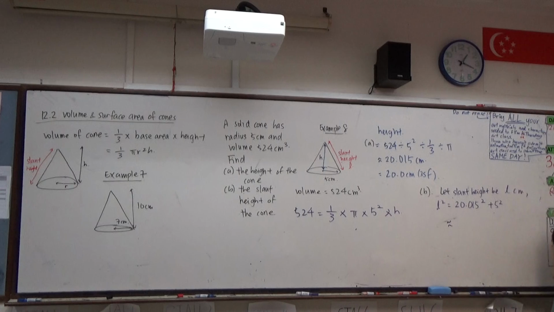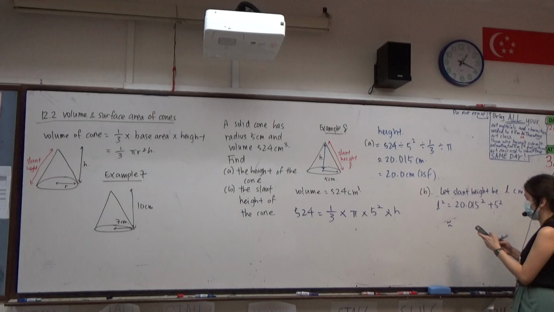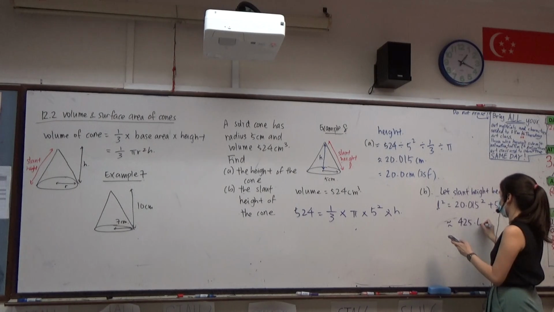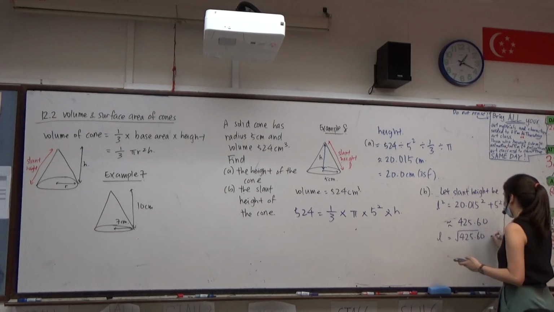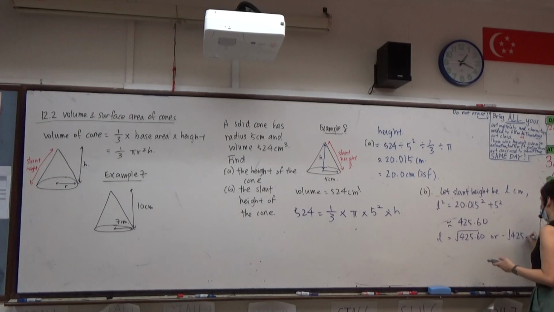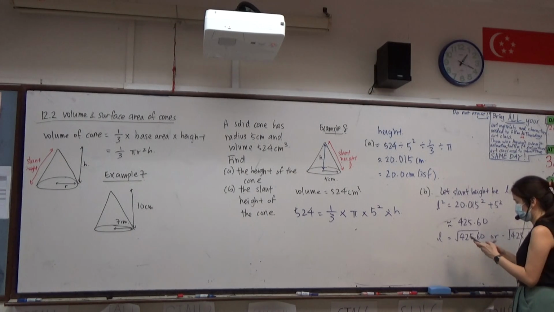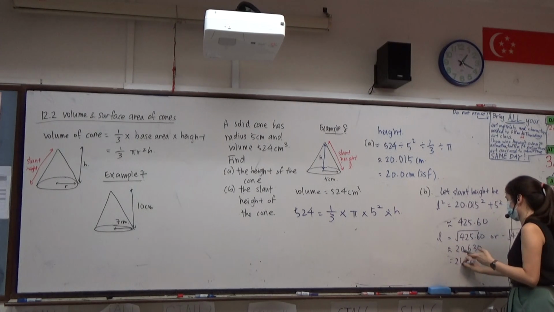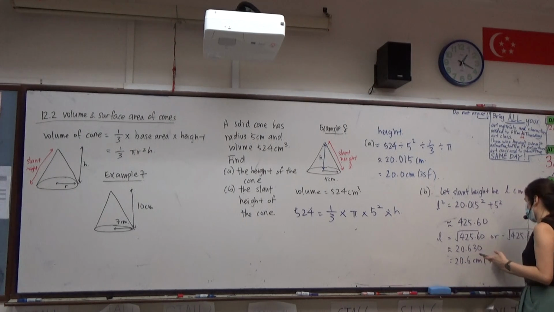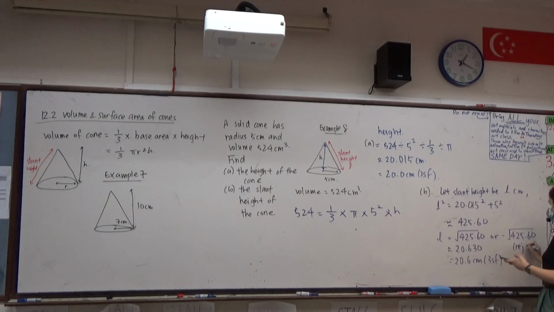This will give us about 425.60. We get 20.6 to 3 SF for the final answer.